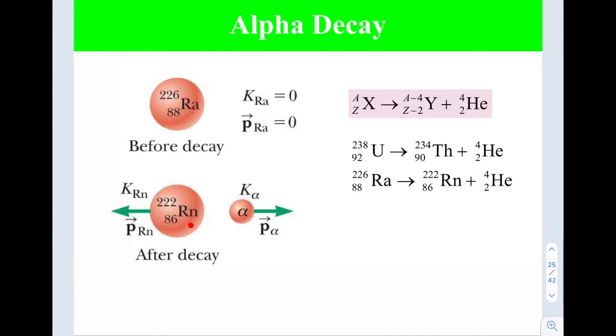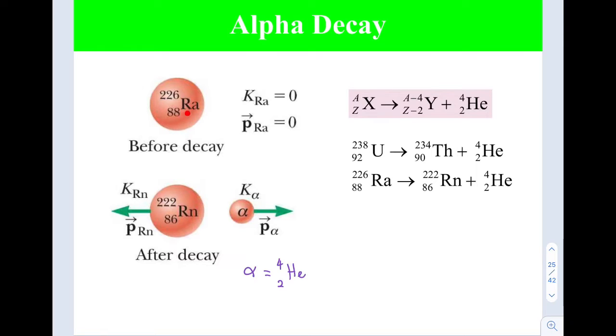The radium is going to decay one alpha, and it becomes radon-222, because it releases an alpha consisting of 4 2. Remember, alpha is actually helium-4 2.